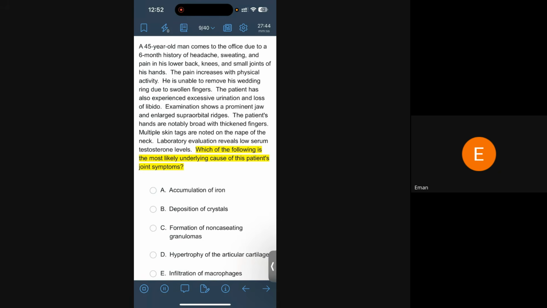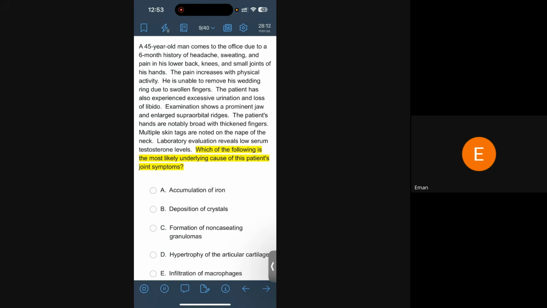A 45-year-old man, 6-month history of headache, sweating, and pain in lower back, knees, and small joints. The pain increases with physical activity. Unable to remove his wedding ring due to swollen fingers. Excessive urination and loss of libido as well.